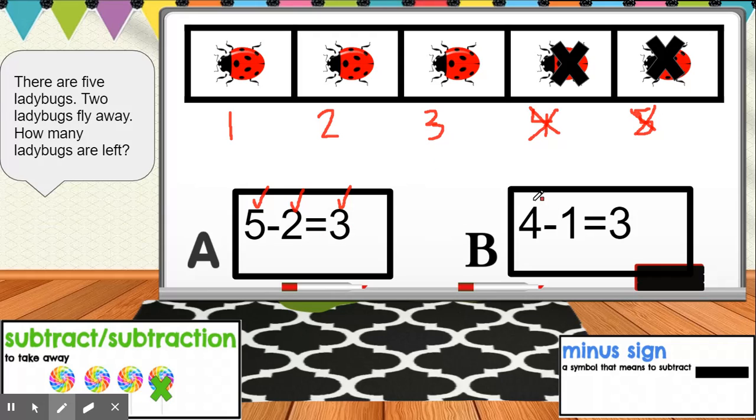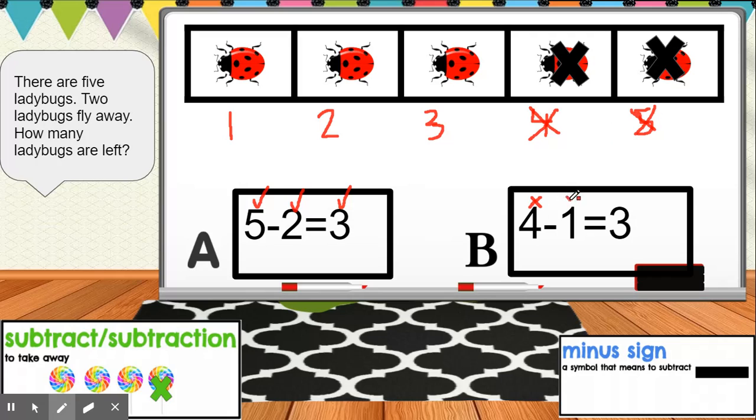Now let's go and check this one before we choose our answer. So here it says 4 minus 1 equals 3. So this is saying that there were 4 ladybugs first. Were there 4 ladybugs first? No. So I can put an X here because that is not correct. Minus 1, meaning take away 1. Now, did they take away 1 ladybug?